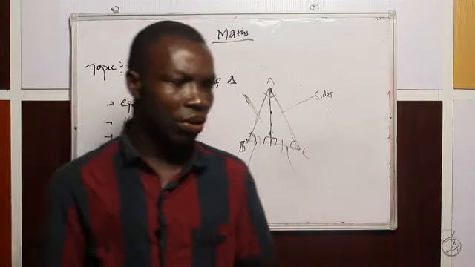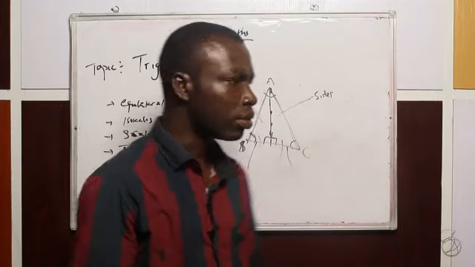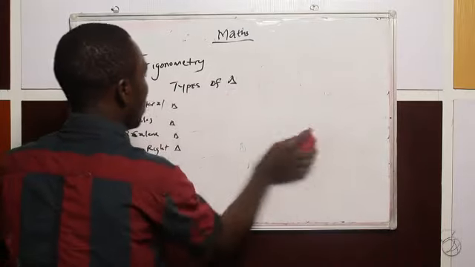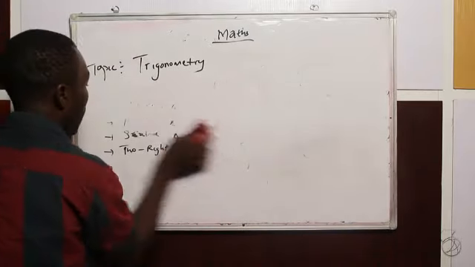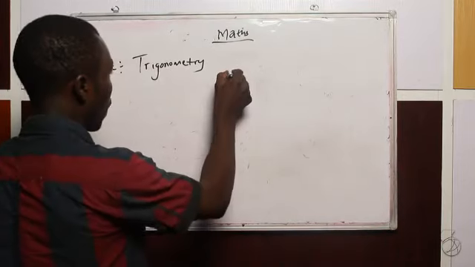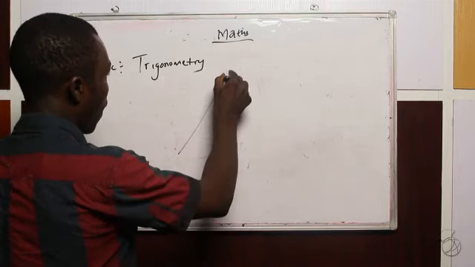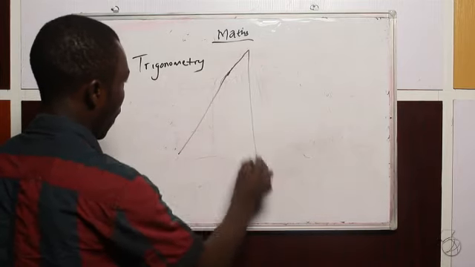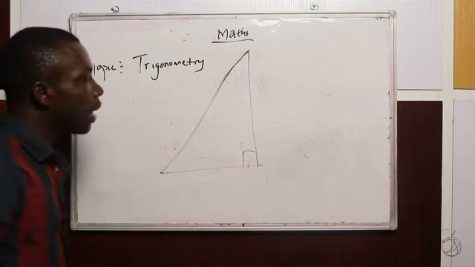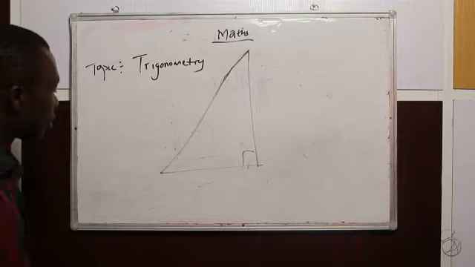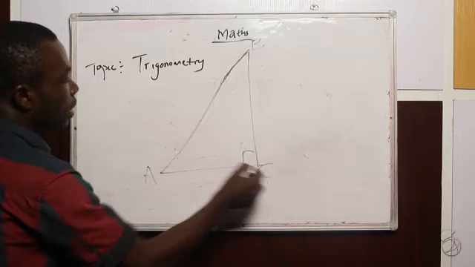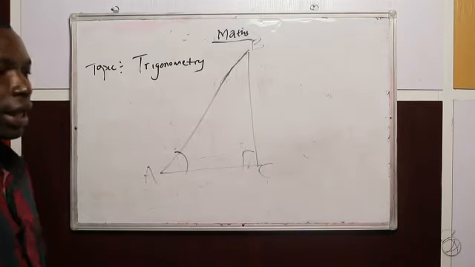There are three ratios to be considered in a triangle. Consider triangle ABC.